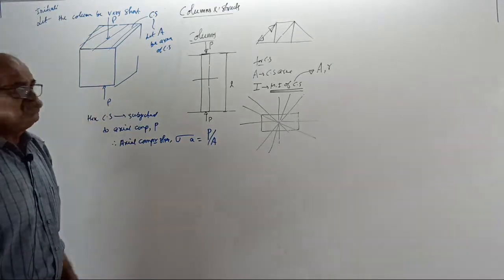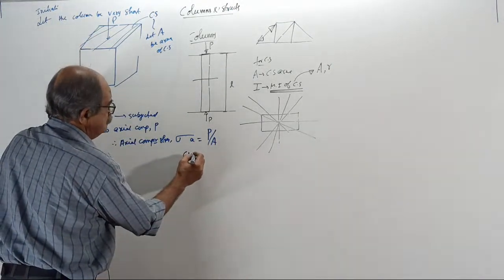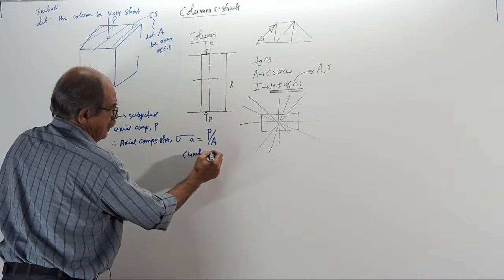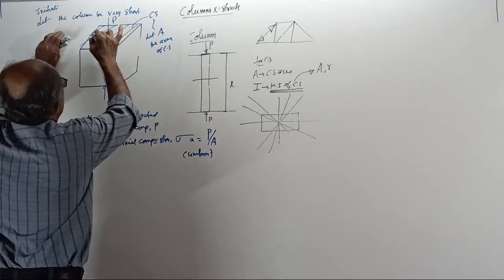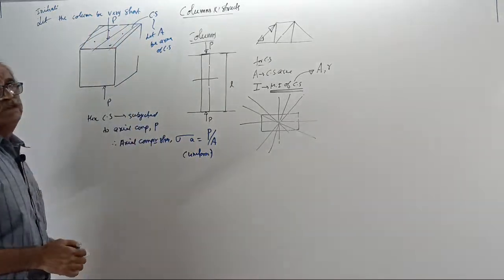Correct? Force by area, this will be uniform for the cross section. Wherever you consider in the cross section, it is the same, P by A.